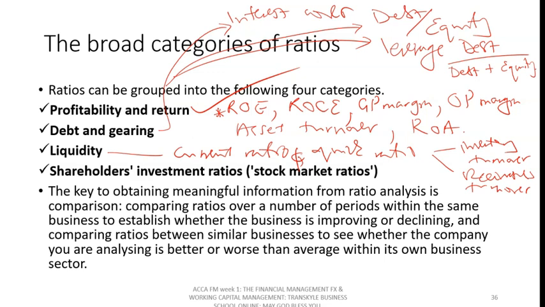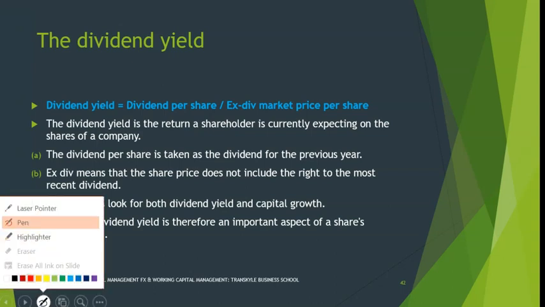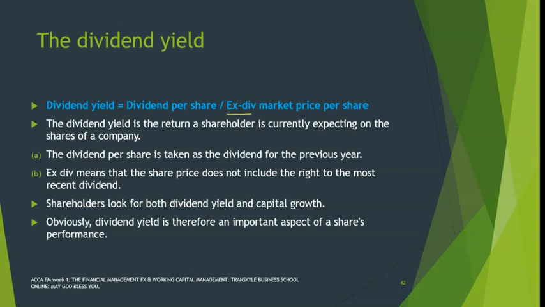Let us find an example so that I explain that. The dividend yield is equal to dividend per share over XDIV, market price per share. When you're talking of XDIV, this is the price of the share after the dividend has been paid.